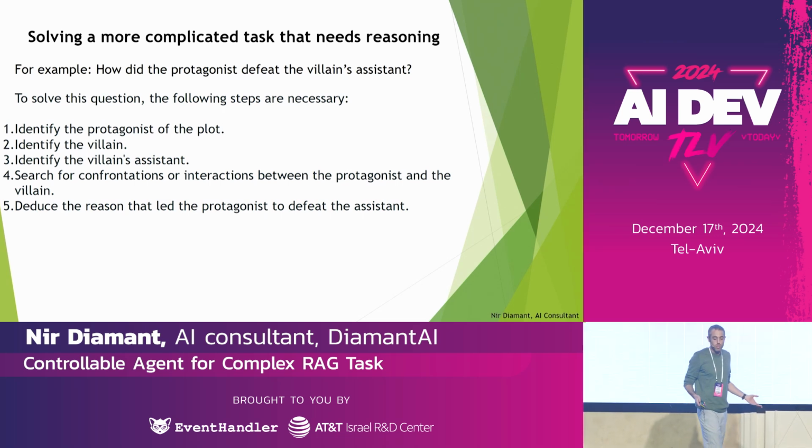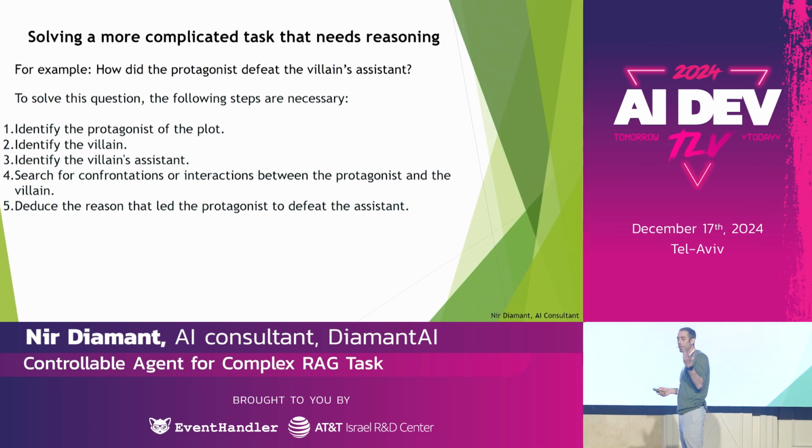In order to solve this, we need the following steps. First, identify who is the protagonist of the plot. Then, identify who is the villain. Then, identify who the villain's assistant is. Only then can we search for confrontations or interactions between the protagonist and the villain, and just at the end, we can deduce the reason that led the protagonist to defeat the assistant.